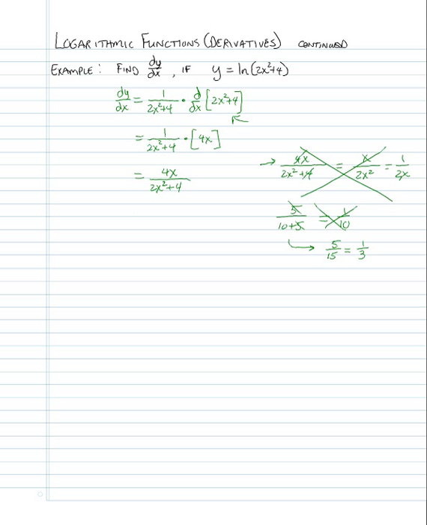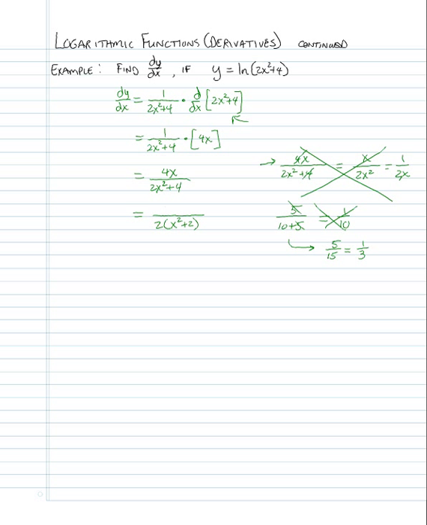So if we were going to try to reduce this, we need to look at the numerator and denominator, particularly the denominator, and see whether we can factor the denominator. I see that 2 is a factor of 2x squared, and it's also a factor of 4. So 2 can be factored out, and we would have x squared plus 2. And in the top, we've got 4x.